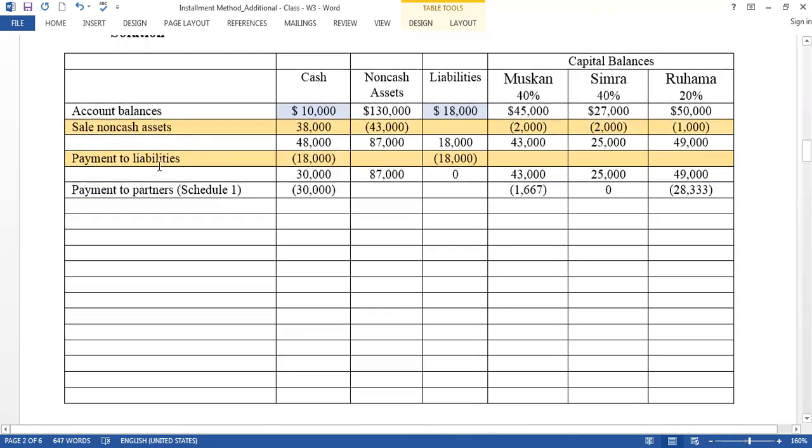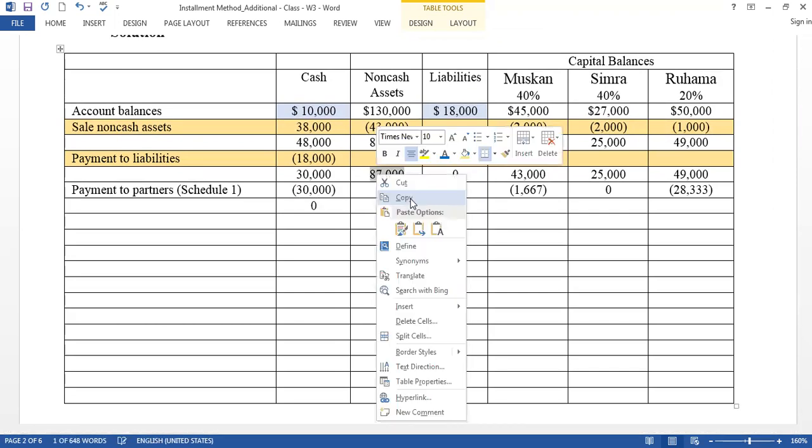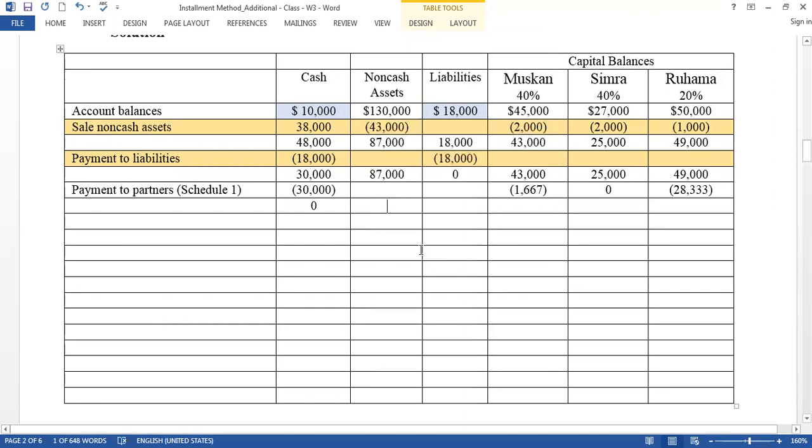Then after paying this cash, we have zero cash now. We have $87,000 non-cash. We don't have any liabilities. Now, what are the capital balances for Muskan?